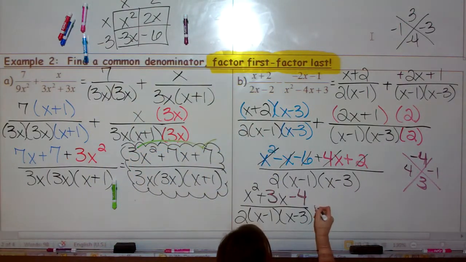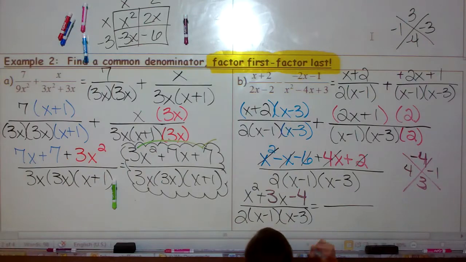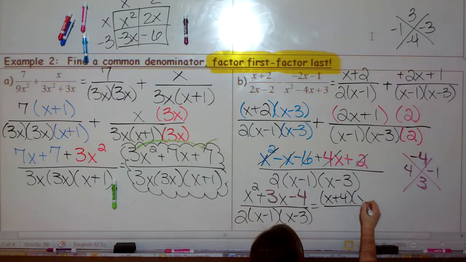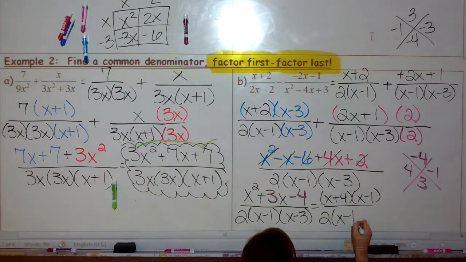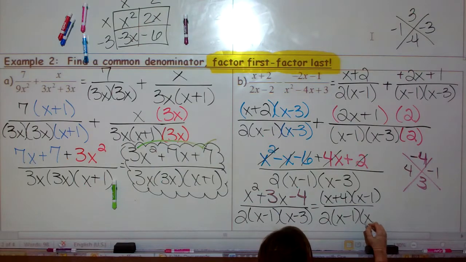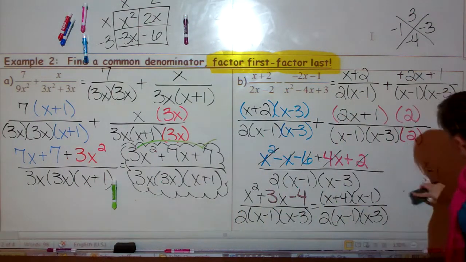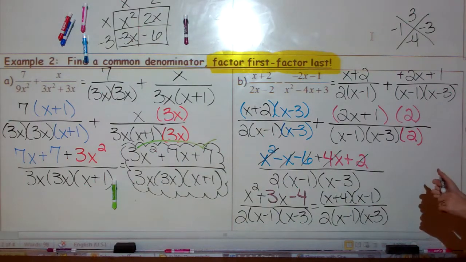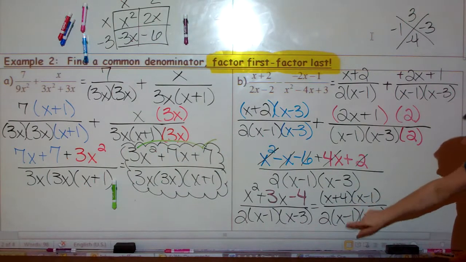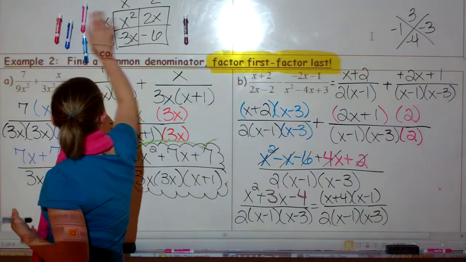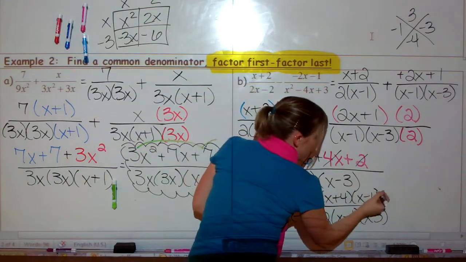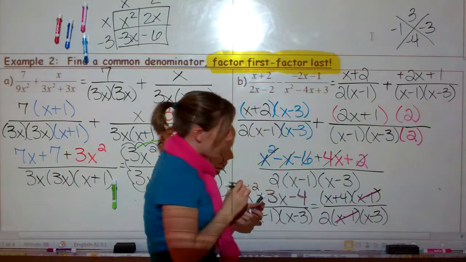And then we're going to see if any of them will cancel. And if they do, then our hard work has paid off. So x plus 4, x minus 1, over 2 times x minus 1 times x minus 3. And it did pay off because we noticed that an x minus 1 and an x minus 1 will cancel. So thankfully, something did cancel so that our factoring was worth it.